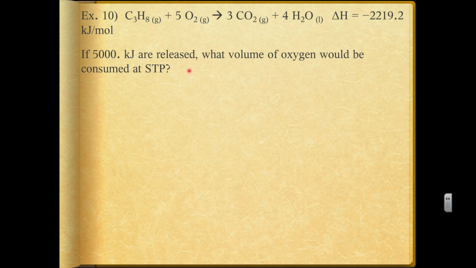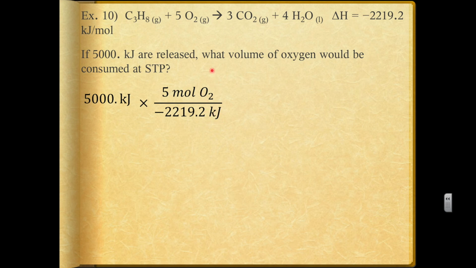So we're going to do the same thing, but backwards this time. We're going to start with our energy, 5,000 kilojoules, and we're going to multiply by our kilojoules per mole right here. This is kilojoules and this is moles, so we're basically using it as another conversion factor.